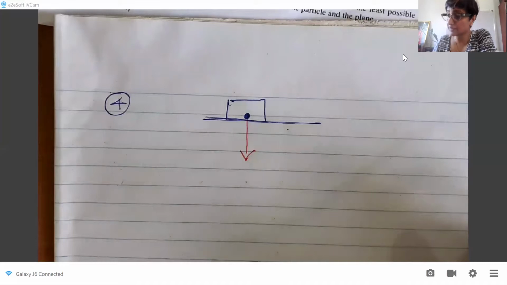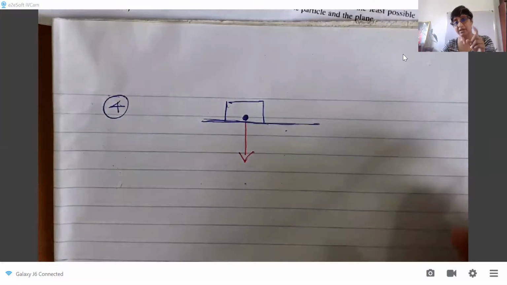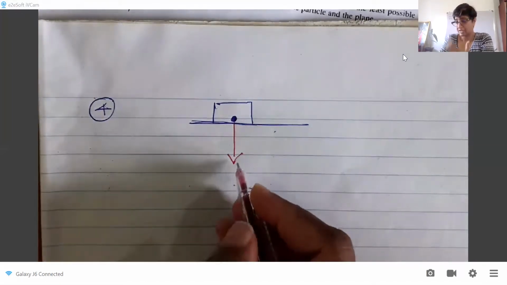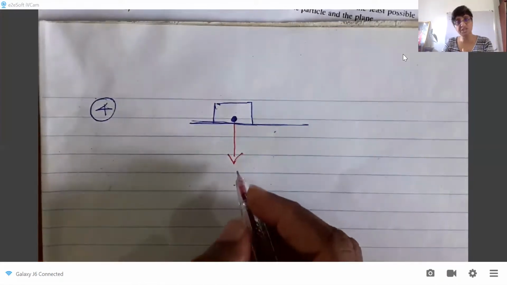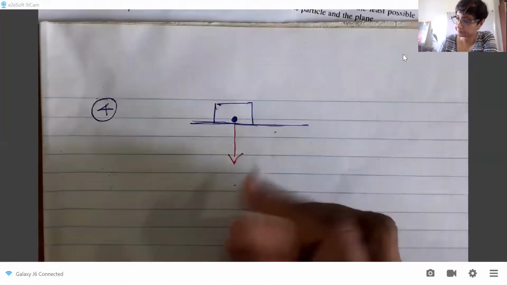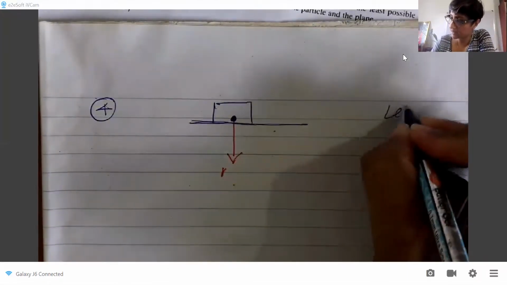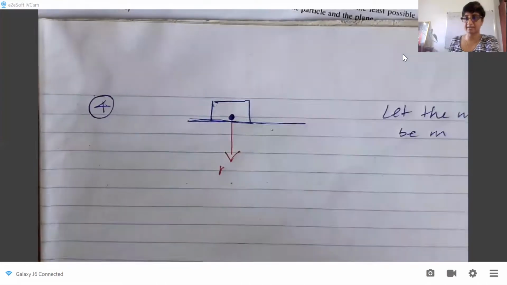Now, the weight or the mass of the object is not given, which means we are not going to need it. Since the value is not given, just use a symbol. If the mass is m, the weight would be mg, or you can just say w. But let's put m. I'm taking the mass to be m.